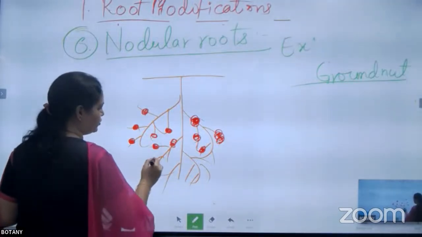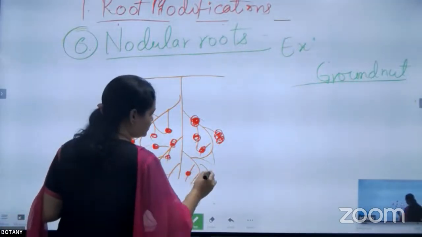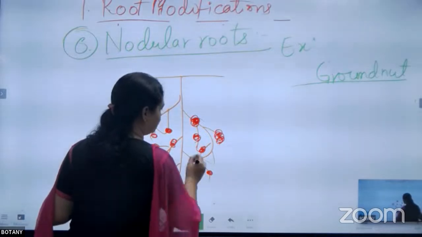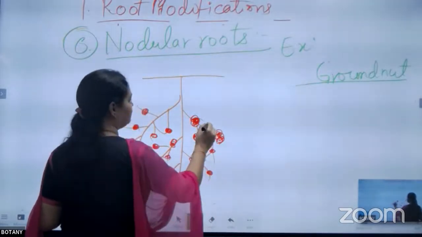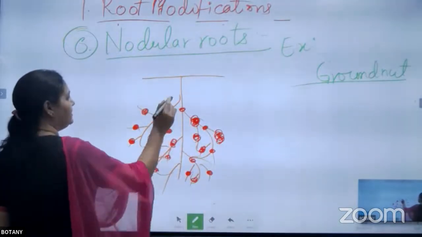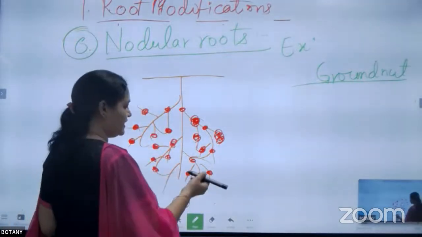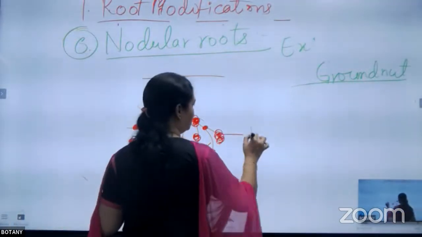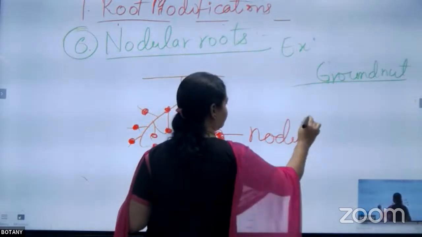Nodule-like occurrence on the roots will be caused by the Rhizobium bacterium. Remember the bacterium name; there should not be any mistakes in writing the spelling of this bacterium. These are the nodular roots.